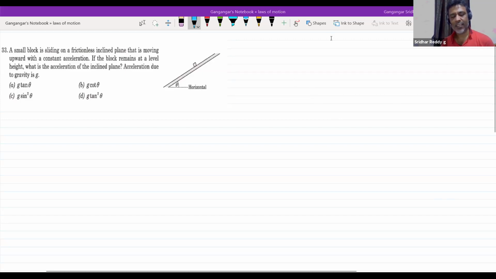Check once. Draw the diagram, so don't write equations much here. Fight with the diagram. Where is the incline, where is the block? Nothing wrong in analyzing.